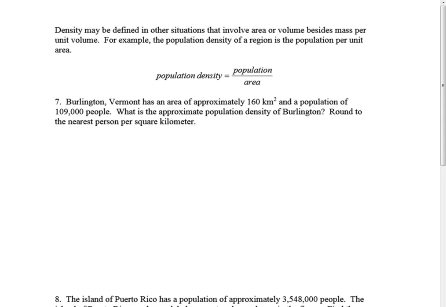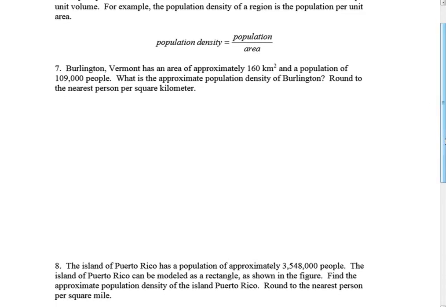So we could ask a population density, it's the population divided by the area. So let's do this question here. Burlington, Vermont has an area of approximately 160 kilometers squared and a population of 109,000 people. What is the approximate population density, rounded to the nearest person per square kilometer?